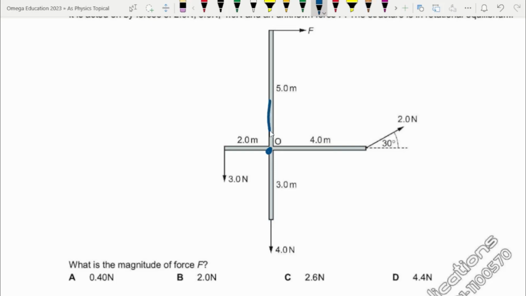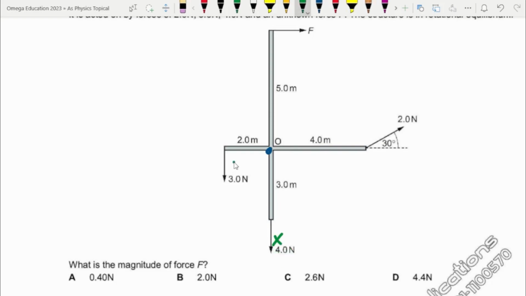The direction of this force is this, and the same one is the line of pivot, hence there is no perpendicular distance of the 4 Newton force from the pivot. If the 4 Newton force had been acting over here or over here, then you would say this is your perpendicular distance. But we have no perpendicular distance of that force from the pivot, so we can ignore it in the calculation.